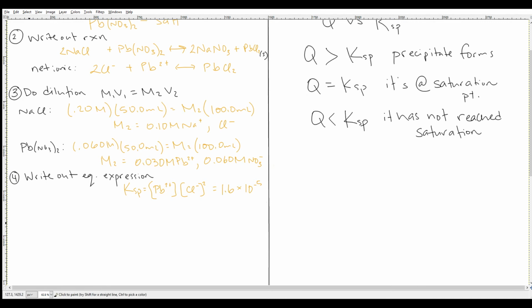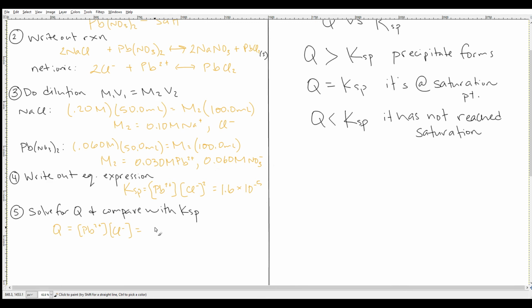Okay, now finally, I'm going to solve for Q and then compare with our KSP using the rules I wrote on the right-hand side. Remember, Q is when you plug in concentrations at any point in time. So I'll use this same equation and plug in the concentrations from above.